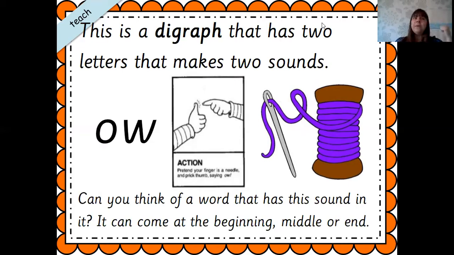Now this comes at the beginning, the middle, or the end of a word. It can come anywhere. Can you speak to your adult and let them know a word that you know that begins with this sound or has this sound in it somewhere in the middle or end?